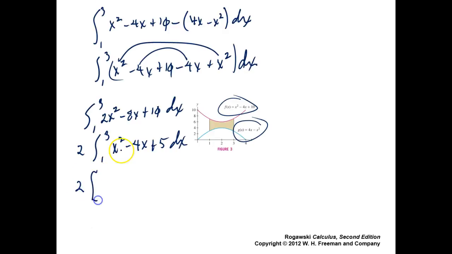2, now let's do the antiderivative of x squared. X cubed over 3. Now, the reason I stopped and did this is if you'd left the 2 in there and then took the antiderivative of that, you should get the same thing.